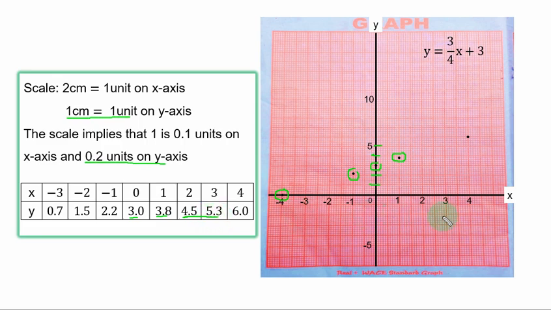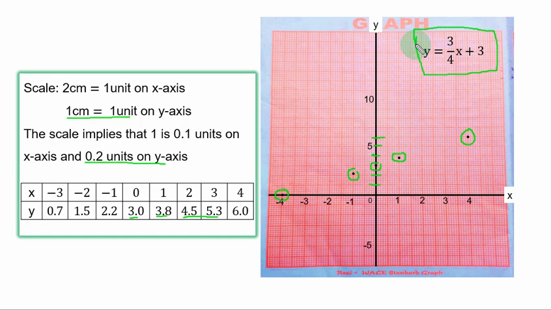So we jump to 4. At that point, y is 6. That is somewhere here. The next thing is to join the points together and plot the second equation. Meanwhile, this is the equation that you have plotted. It becomes the title of the graph for now.